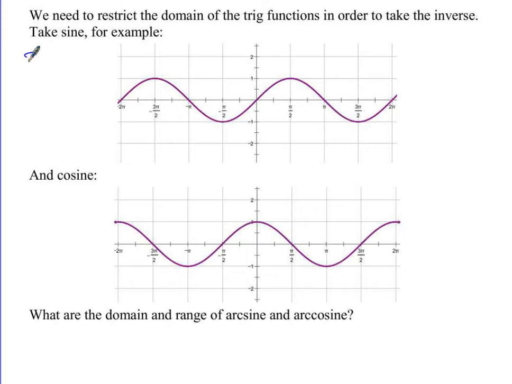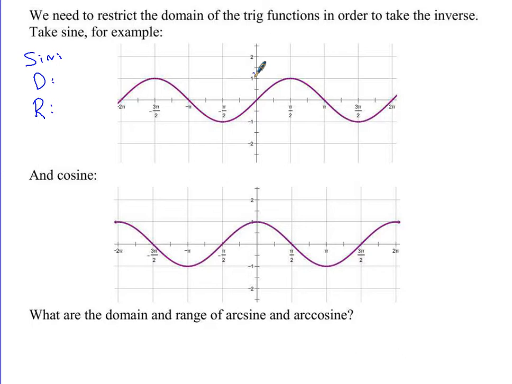What is the domain of sine? The domain is all real numbers right now. What's the range? -1 to 1. The range is the y values that are getting graphed, and sine always lives between -1 and 1 in its untransformed state.